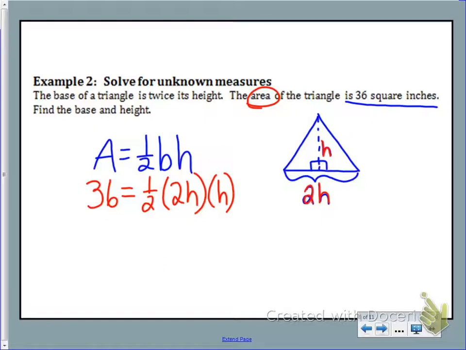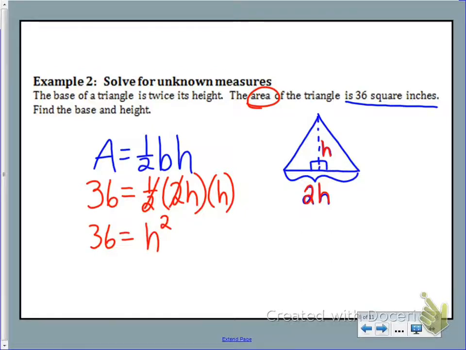Now what we have to do is solve this formula for H. So we have 36 equals, well, 1/2 times 2, those are going to multiply to be 1. And then H times H, be careful, is not 2H. H plus H is 2H. But H times H is H squared.